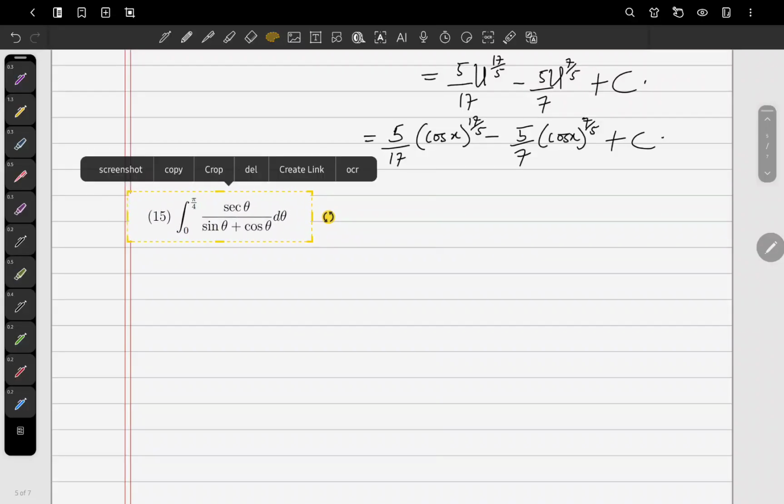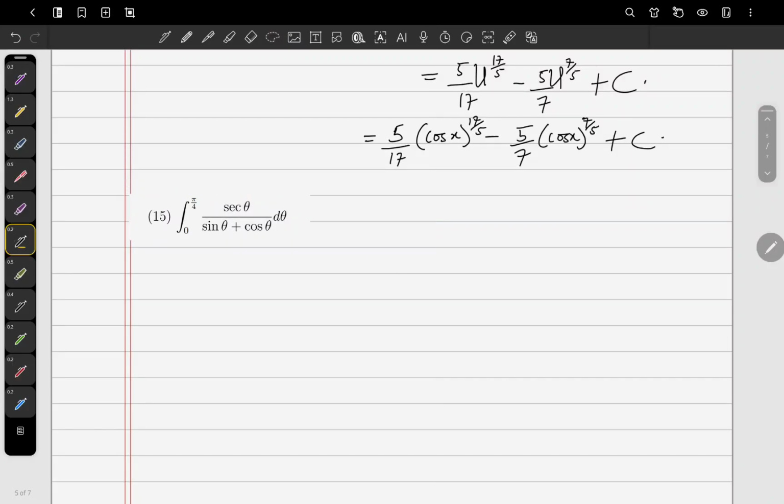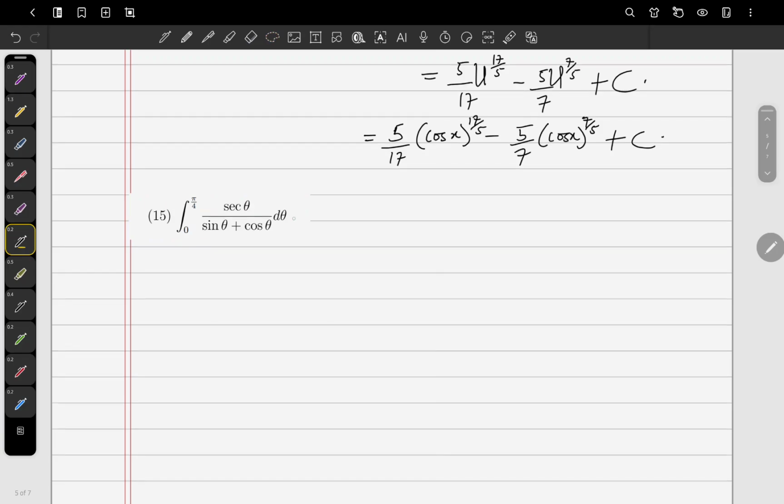Okay, we have sec theta, we have sine theta, we have cos theta. What should we try here? All right. We know the integral of sec squared theta. All right, let's play some magic here. So let's multiply through by sec theta.